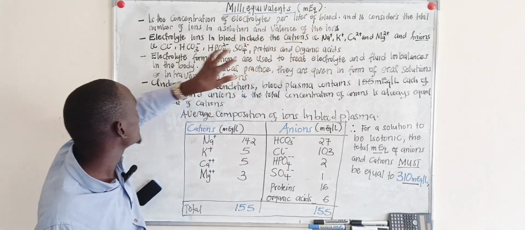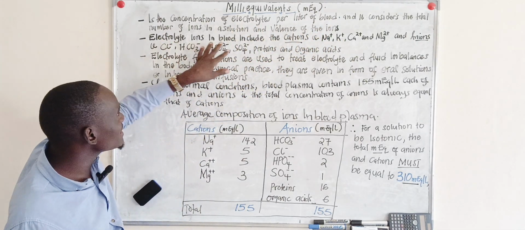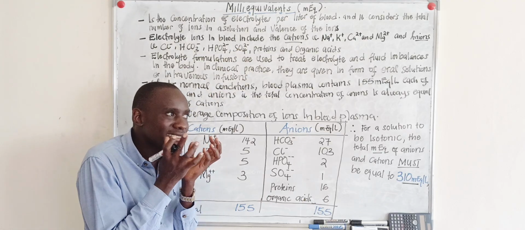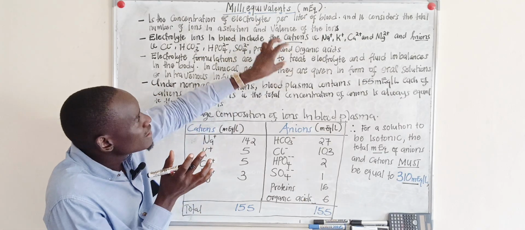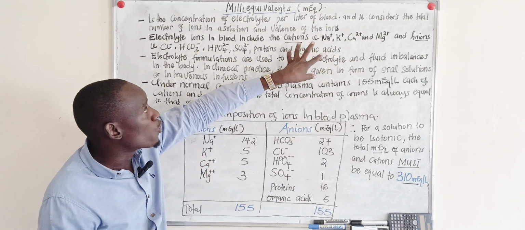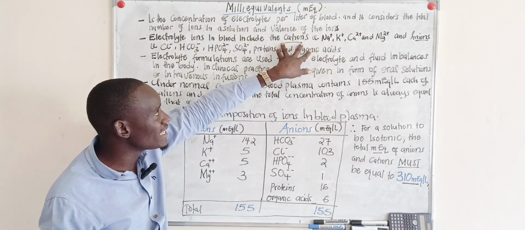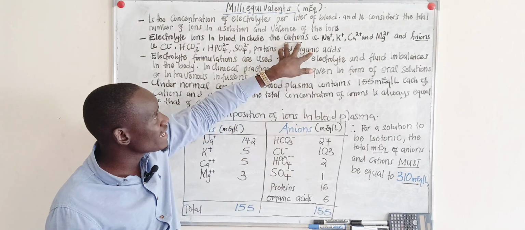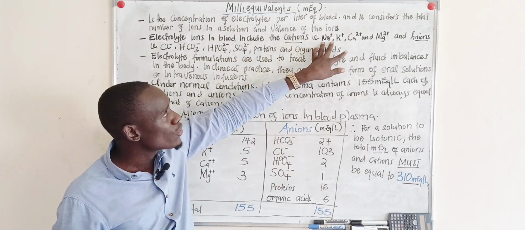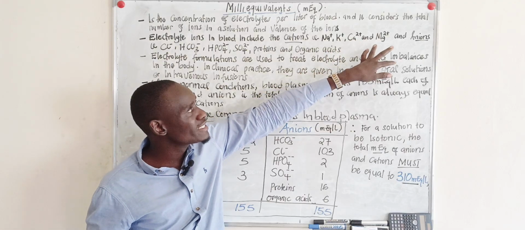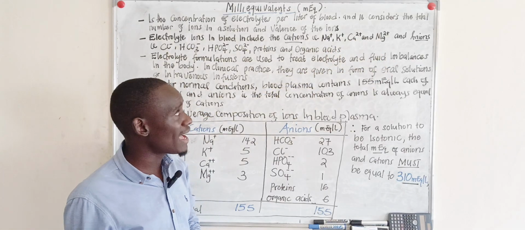So when we say it's the concentration of electrolytes per liter of blood, the electrolyte ions in blood include both cations and anions. Among the cations, we have sodium ion, potassium ion, calcium ion, magnesium ions, among others.